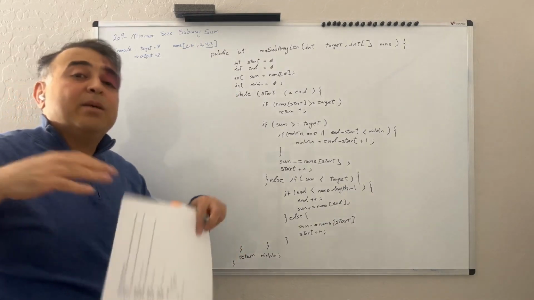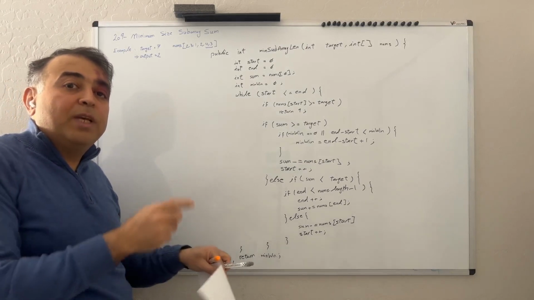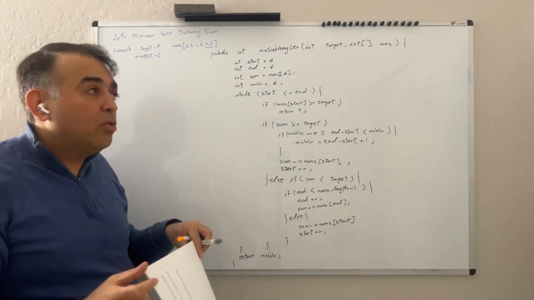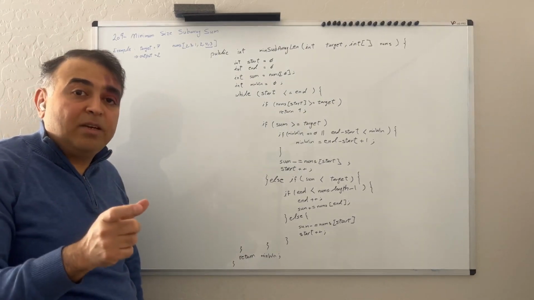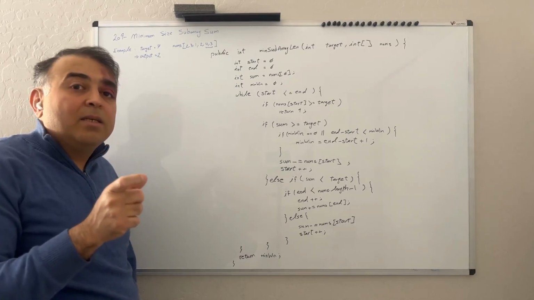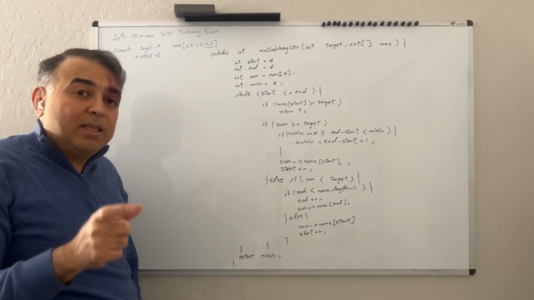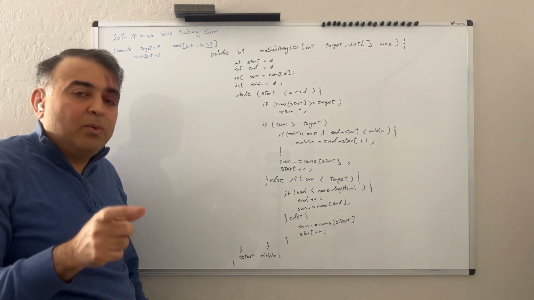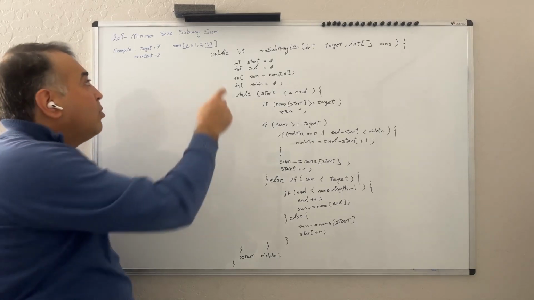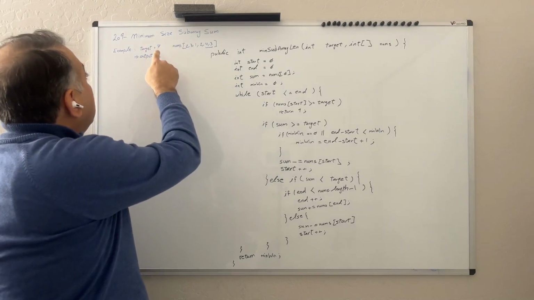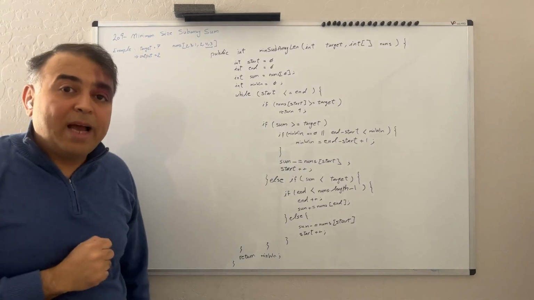We just create a window, and we move the start and end of the window to find the minimum length of the window where the sum of the numbers in the window is greater or equal than the target that we have.